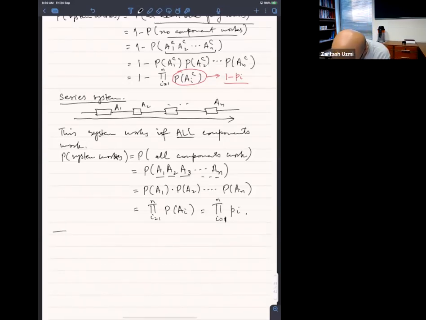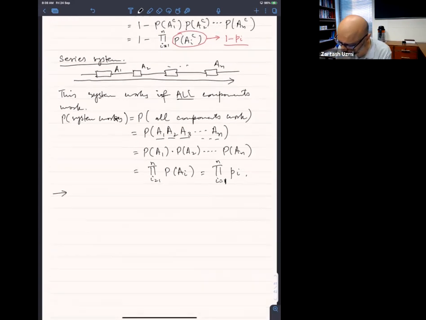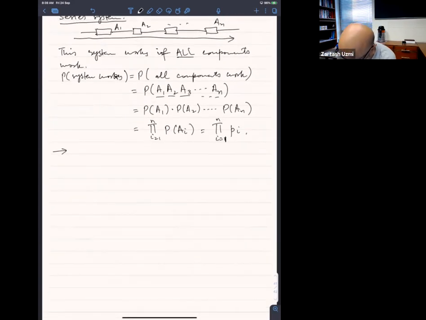In general, एक सिस्टम जो है वो सीरीज पैरेलल का मिक्सचर भी हो सकता है. Can also have a mixed system. Mixed system किस तरह का होगा? Mixed system इस तरह का होगा.